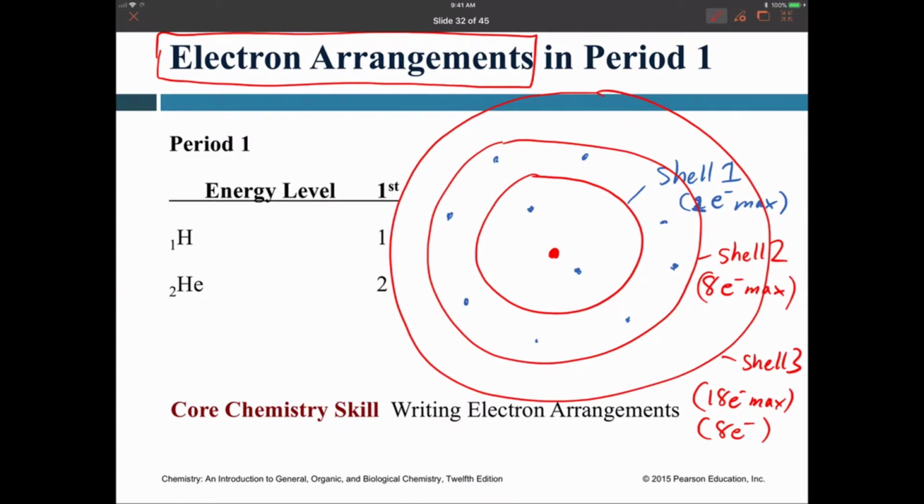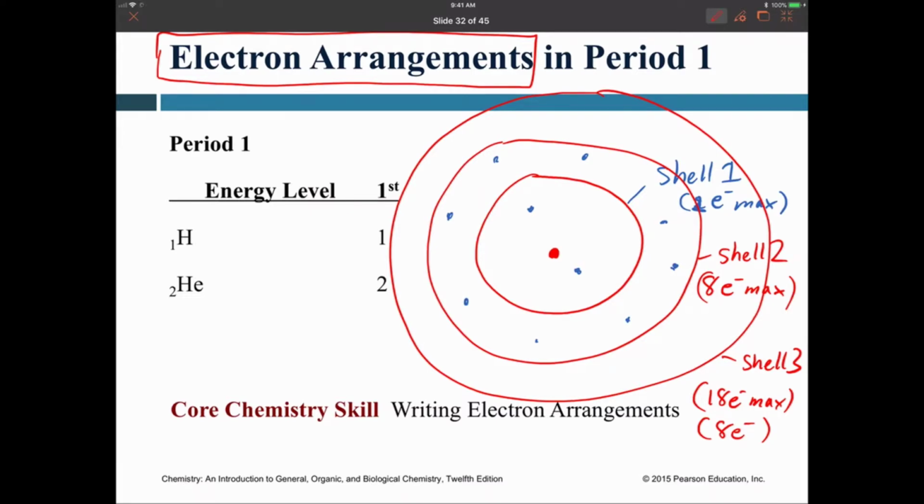And the answer is 18. It definitely has a maximum number of electrons of 18. No question about it. But generally speaking, shell number 3 can also stop at 8 and be relatively stable. Okay? It can hold 18. No question about it. But in this class, we're always, or almost always, going to stop at 8.